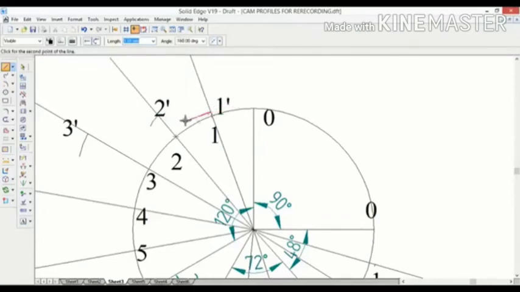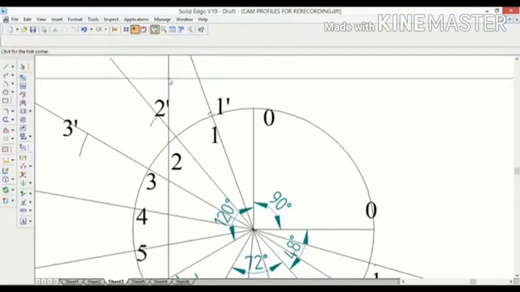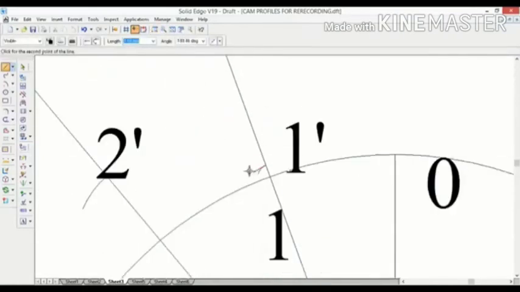You can get a tangent line as perpendicular to the radial line. Perpendicular to this radial line that we have. So for that we need to draw the perpendicular line.